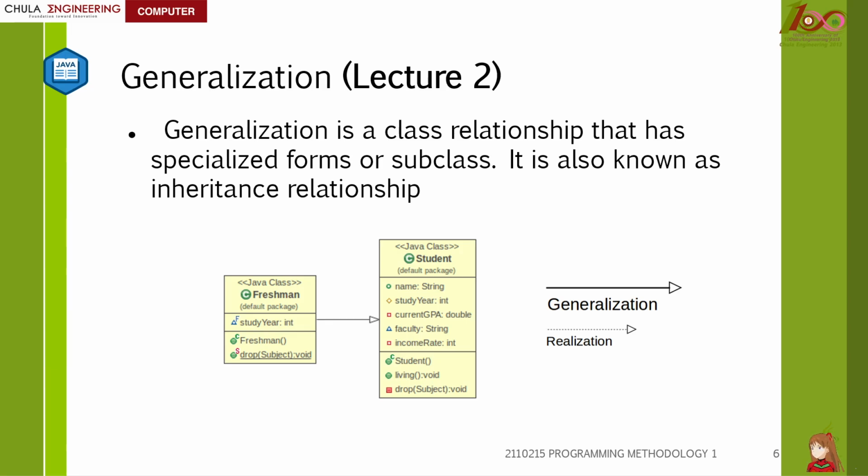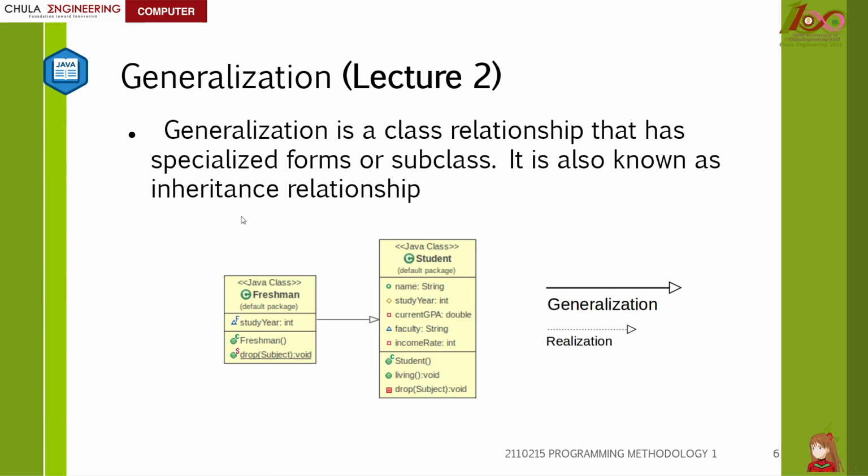So, the class diagram can show a generalization relationship, that is a subclass-superclass relationship, like Freshman is a subclass of Student.